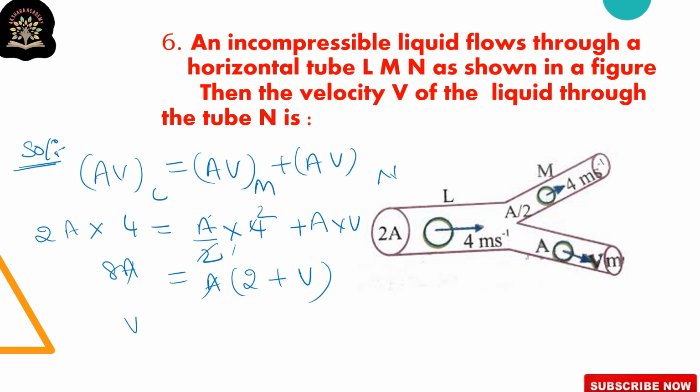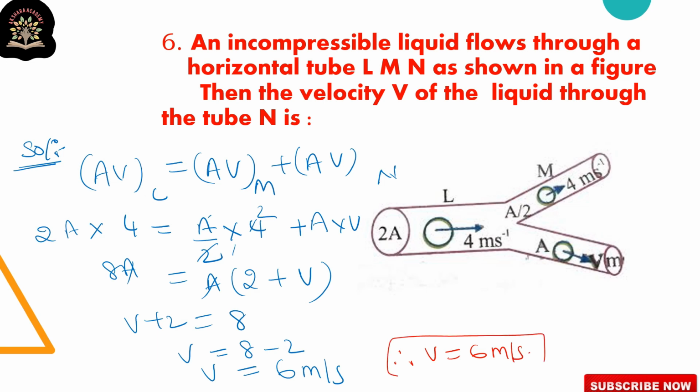So v plus 2 equals 8, v equals 8 minus 2, that is 6 meters per second. The velocity v of the liquid through tube N is v equals 6 meters per second. This is the final answer.